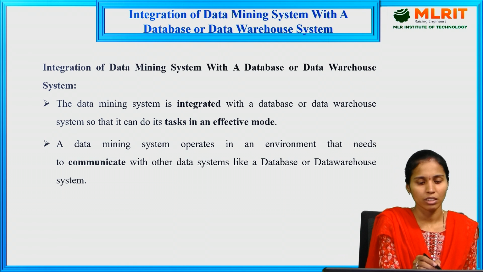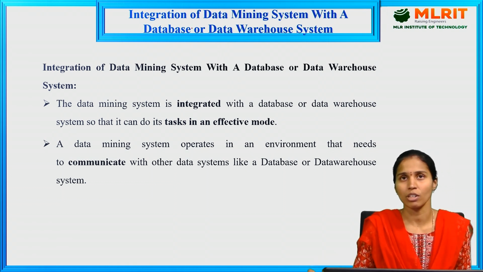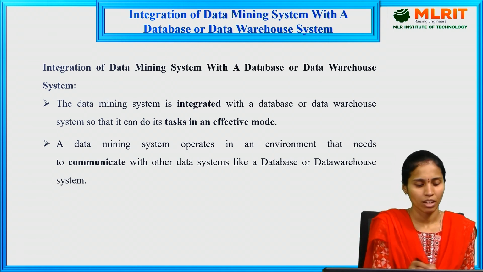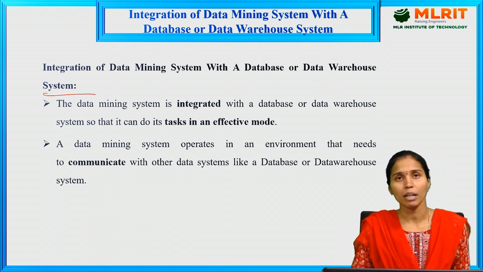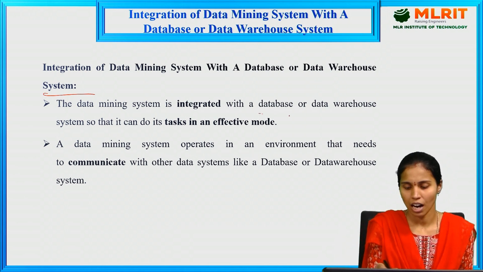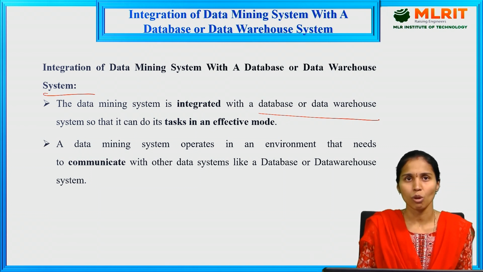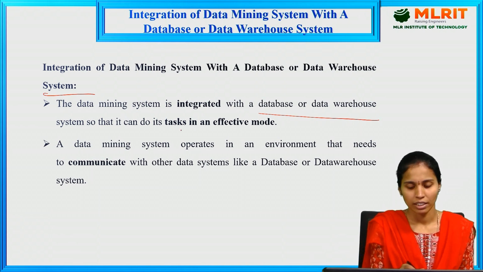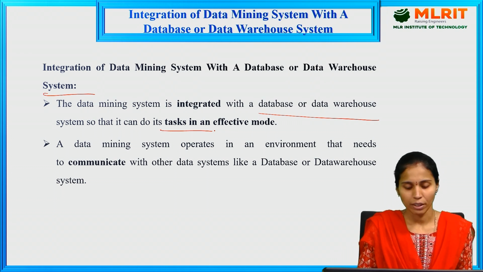Last topic is integration of data mining system with a database or data warehouse system. The data mining system is integrated with a database or data warehouse system so that it can do its task in an effective mode.